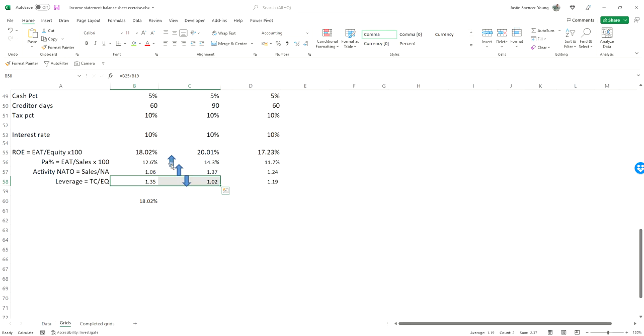So when we look at these different dynamics, it turns out that the improved activity and the declining leverage cancel each other out. You can see even here the proportions are very close. But the increasing profitability, therefore, is the remaining factor that's driving the increased returns to shareholders.